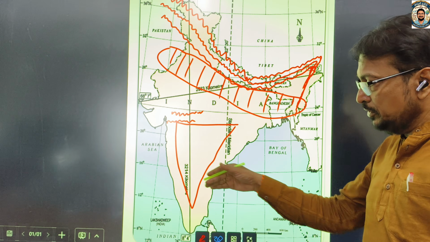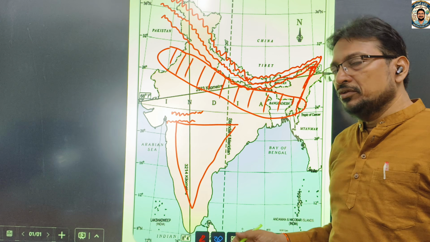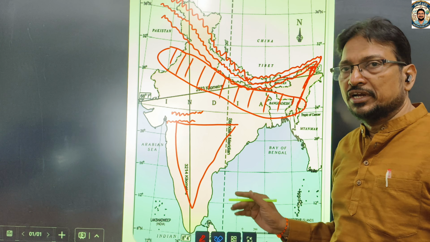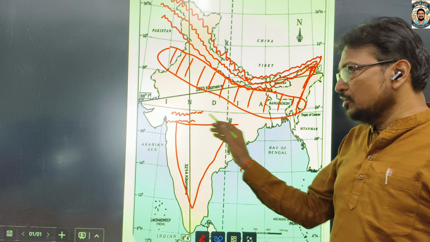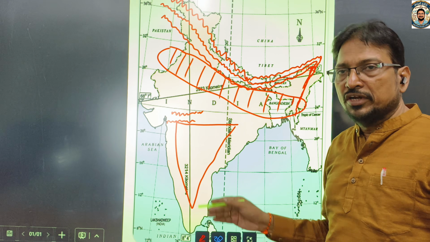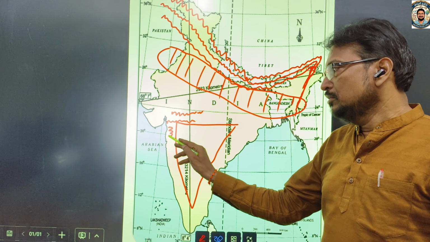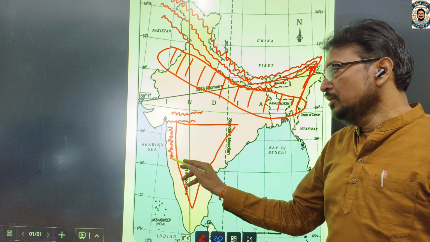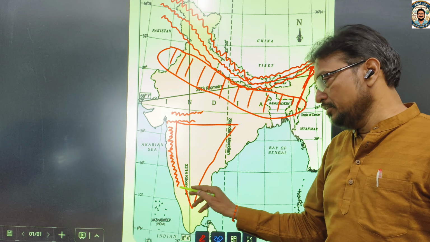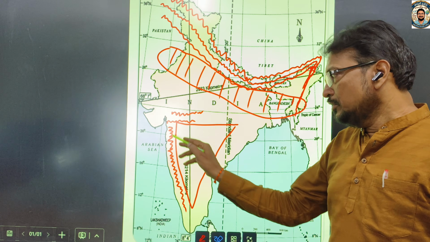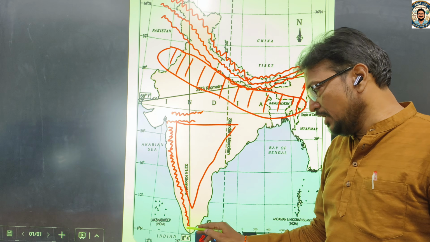a slope towards the east direction. Why does it have a slope towards the east direction? Here it is surrounded on three sides by mountains: Vindhya, Satpura, and on this side the Western Ghats. It is a continuous mountain range or hill range from the bottom of Gujarat up to Kerala.